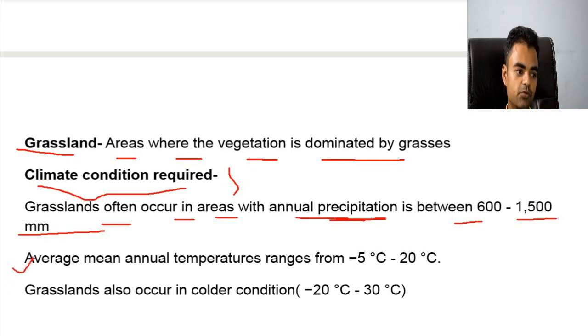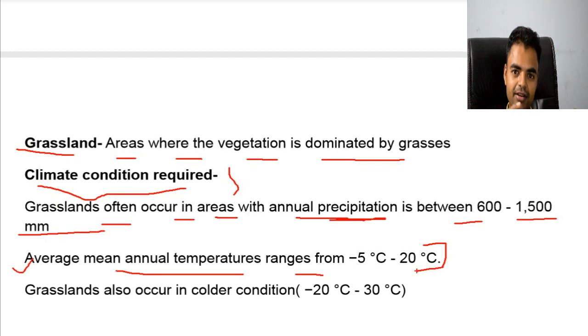Now next one is the average mean annual temperature range. What should it be? Minus 5 degrees centigrade to 20 degrees centigrade. That means if you go to almost any place in India, you are not going to get such a climate condition except a few places, like Himachal Pradesh in the upper hill area, Kashmir also, right?